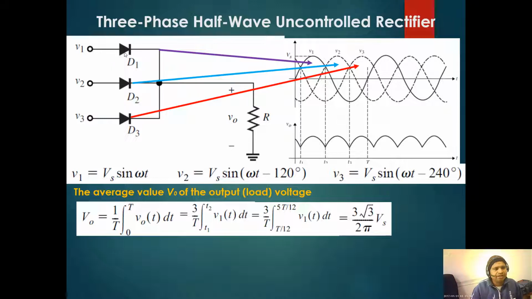So you know that in this one, V1 will conduct during the positive, because V1 is higher at this point. During this period V1 will conduct, and you can see this is our output.